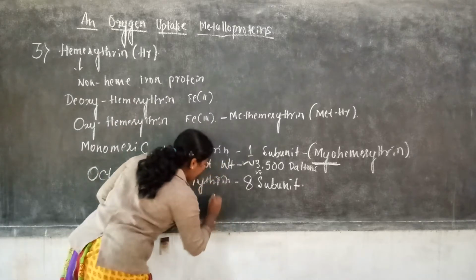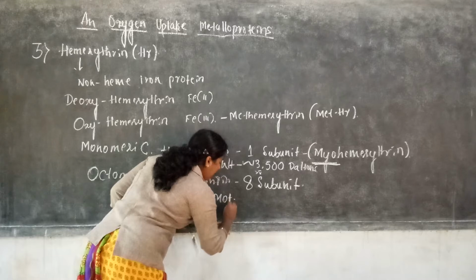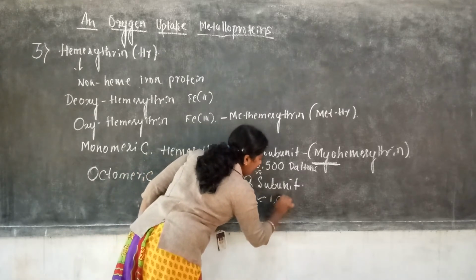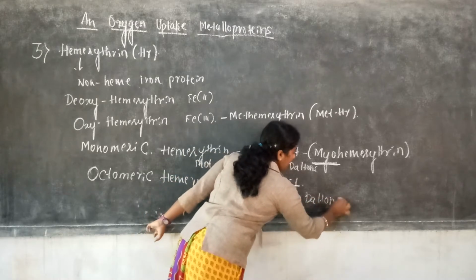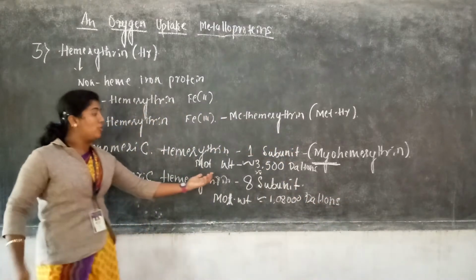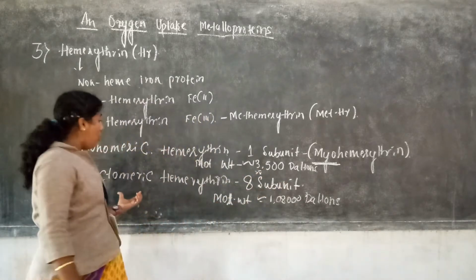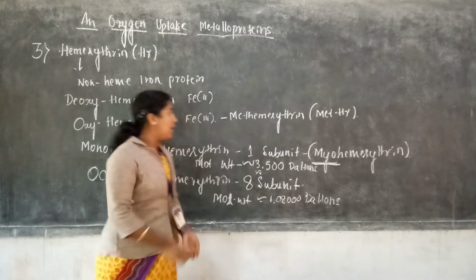Then the molecular weight of the octameric form of hemerythrin is nearly 1,08,000 daltons. So in the monomeric form the molecular weight is nearly 13,500 daltons, and in the octameric form nearly 1,08,000 daltons.